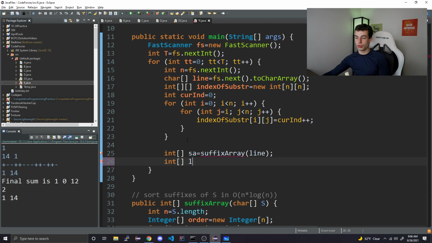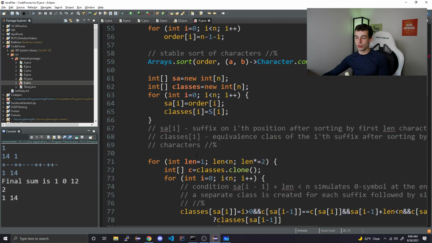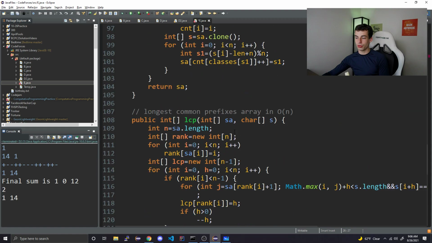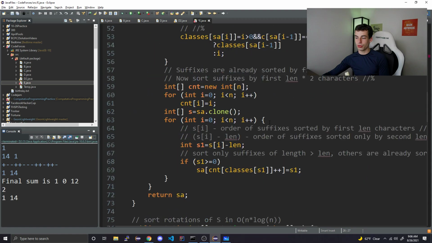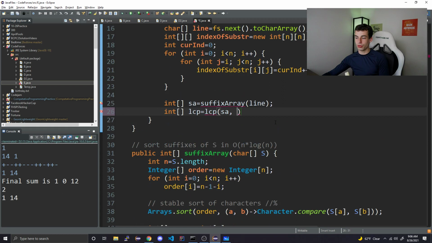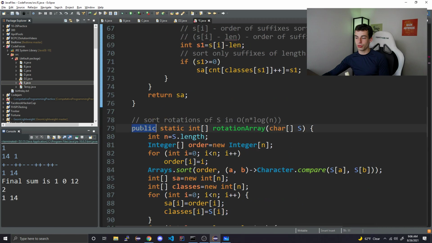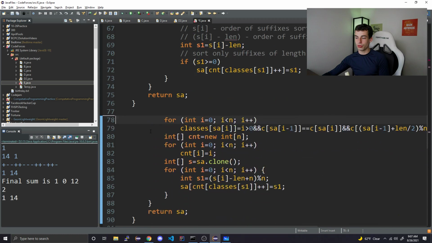So int SA will be suffix array of the line. And then we need LCP equals LCP. We don't need rotation array. Yeah, suffix array, and then the line. Well, we shouldn't need rotations.